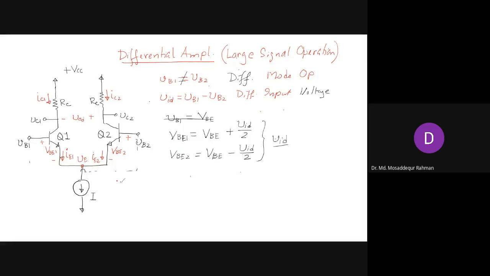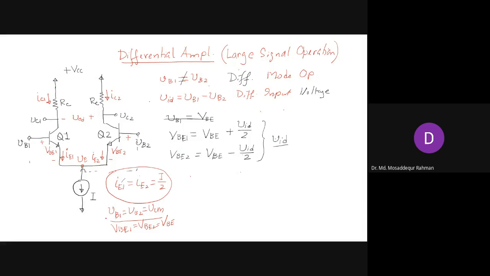In the common mode case, IE1 is equal to IE2, which was equal to I by 2, when VB1 was equal to VB2, which was equal to VCM. In the common mode situation, we had the two base emitter voltages VB1 equal to VB2, and VBE. So this current divided equally.